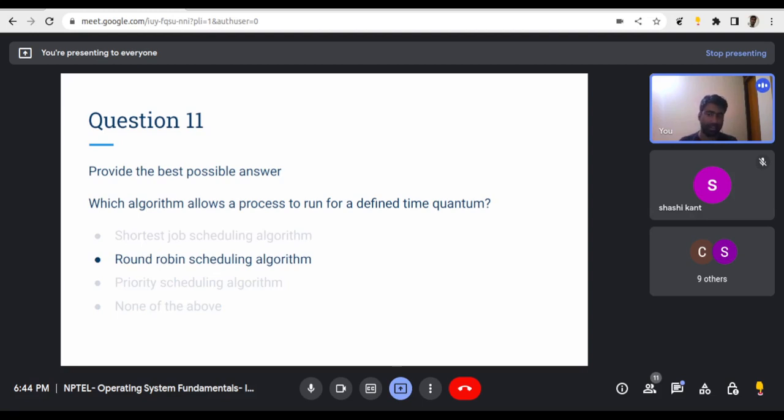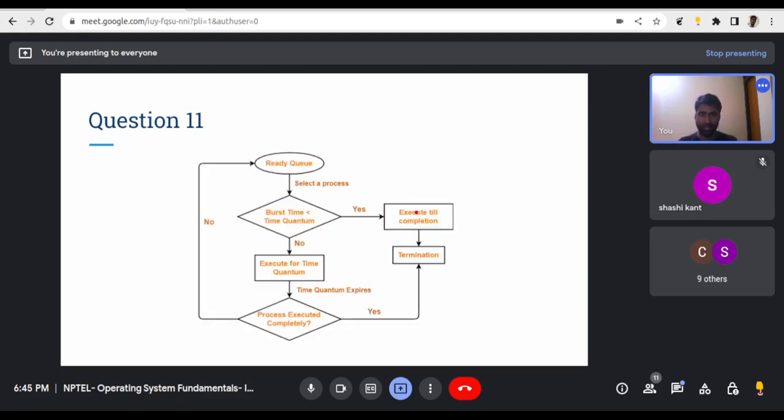What happens in the round robin scheduling algorithm is that it picks up a process from the ready queue and lets it execute for a certain defined time quantum, as said here, and then it is preempted. So this is the flow chart. It picks up a process from the ready queue and gives it some CPU burst time.